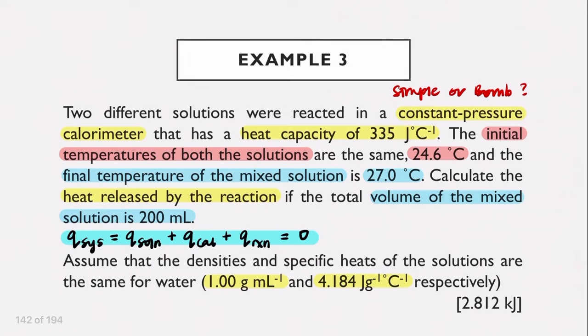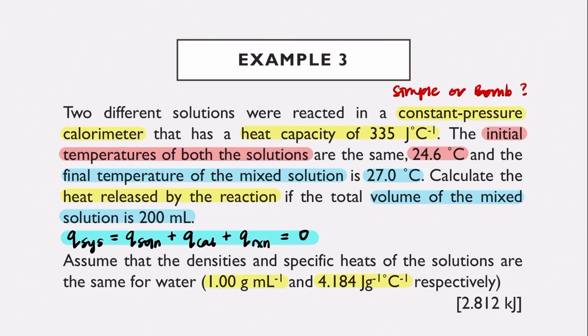So we have example 3. There are 2 different solutions that were reacted in a constant pressure calorimeter, a simple calorimeter, with a heat capacity of 335 joule per degree Celsius.